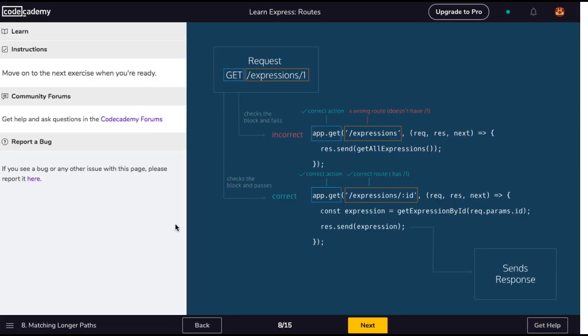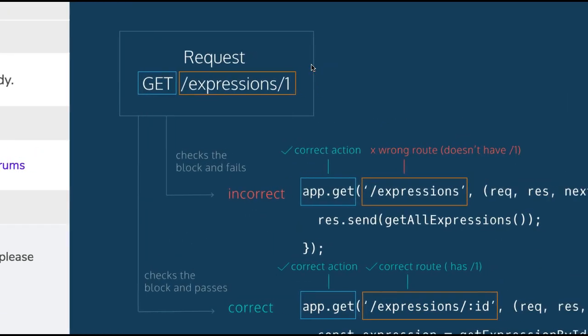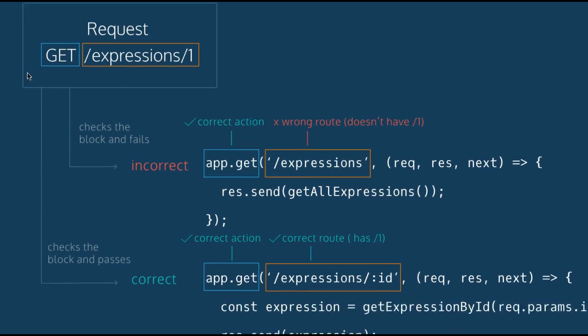Let's look at this first. This just says request. We have a GET request to /expressions/1. It checks the first block and fails. Why? Because this is only /expressions. There's no /1.